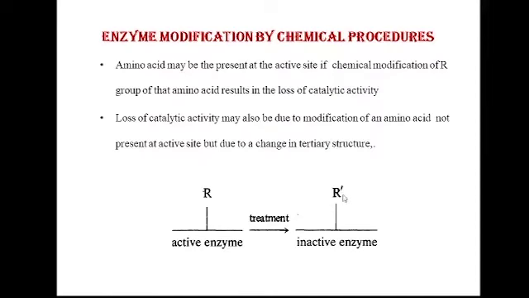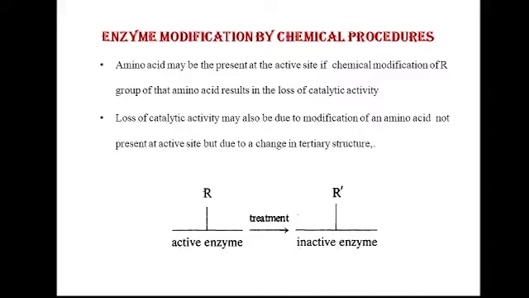If the R group of the amino acids present at the active site of the enzyme is inactivated by reaction with some chemical, obviously there is no scope for this R group now to bind to the substrate and convert the substrate to the product, and thus the active enzyme is converted to an inactive enzyme.